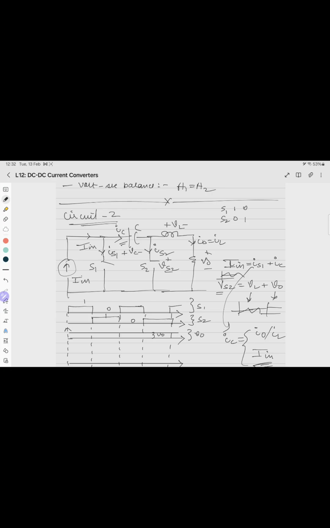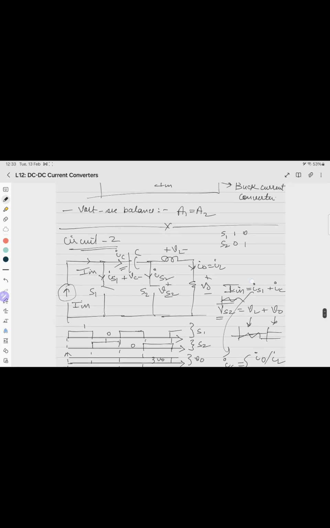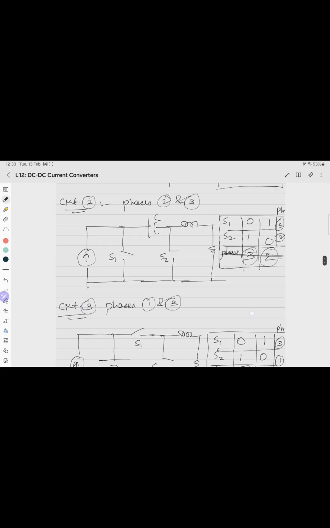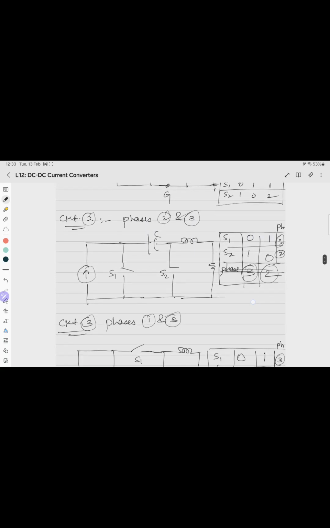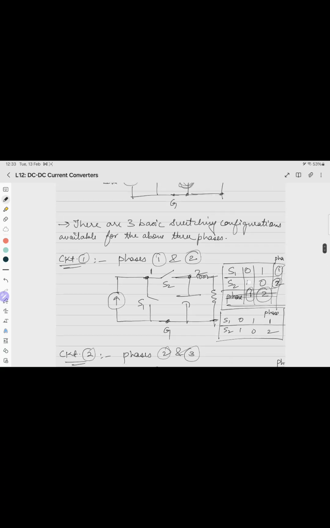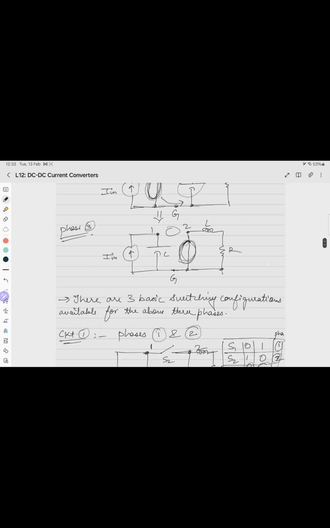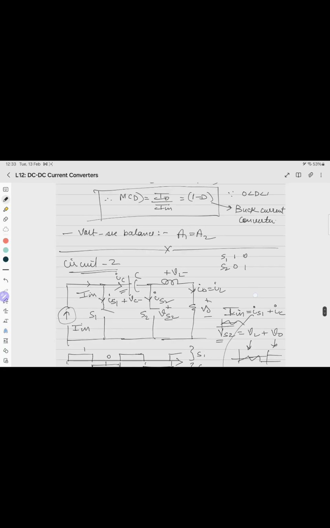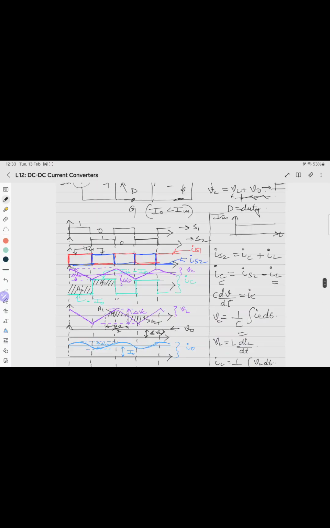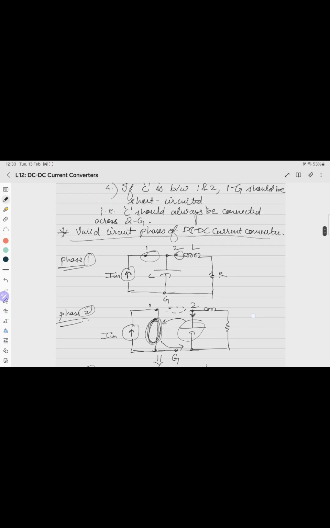So when S1 is on, the input should be short circuit, out of phases 2 and 3. So it is phase 2 and 3, as per the table. So first we have to see phase 2, then we have to see phase 3.